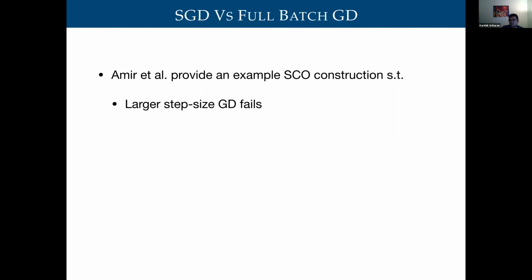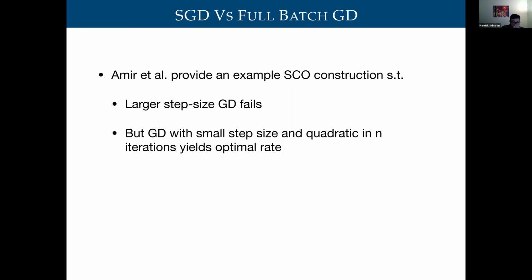So what they show is that a larger step size is bad for their problem. If you use a larger step size, you're not going to get a good optimal solution. You'll get a worse rate than the 1 over root n rate. But with the smaller step size, they do show that if you run for n squared steps, then you do get the optimal rate.